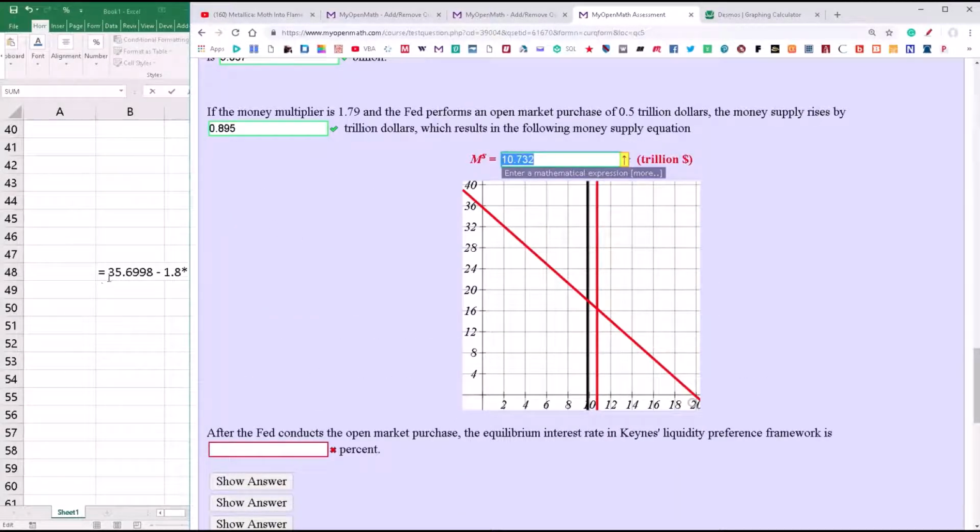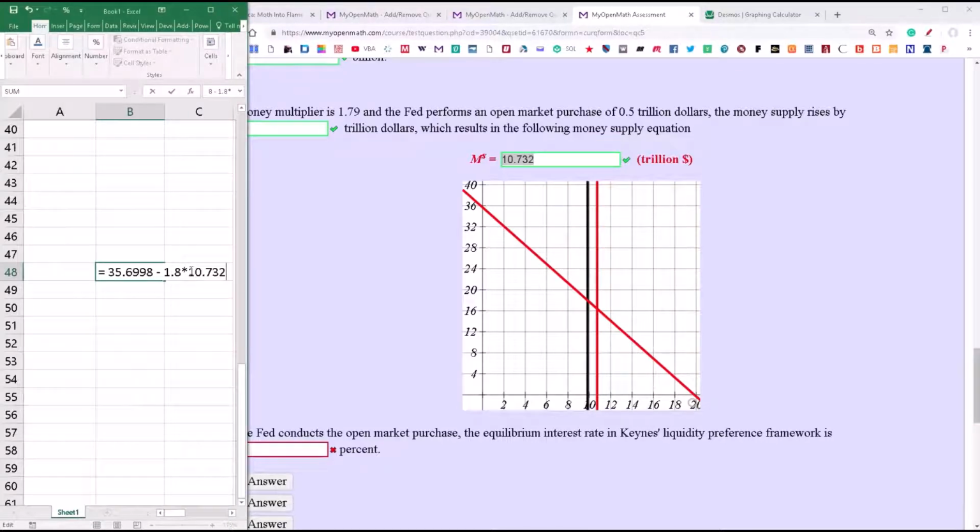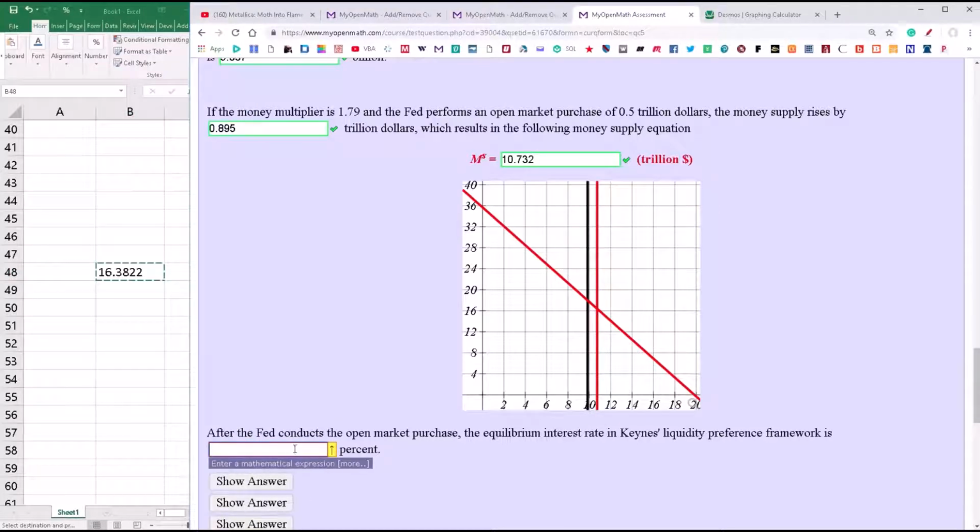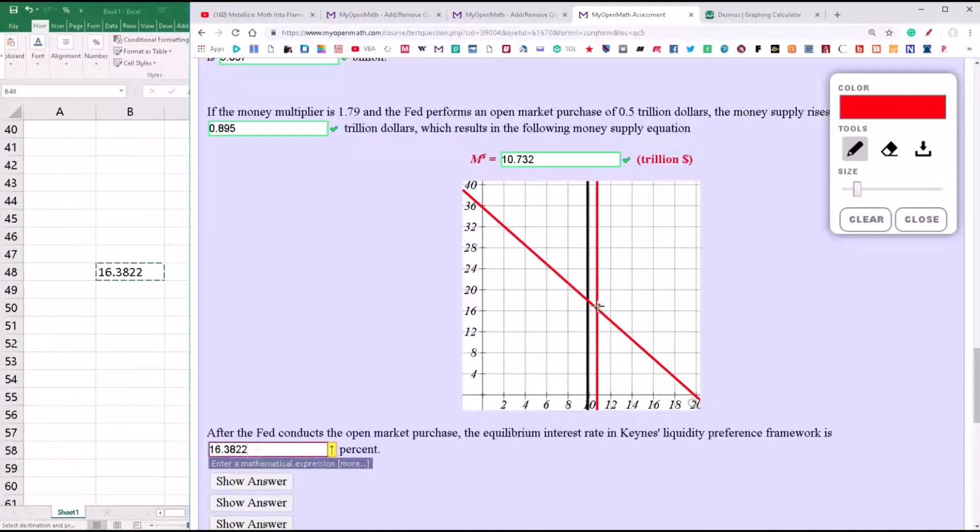We're going to plug that into our red demand equation, and we get an interest rate of 16.3822. Okay, so that's this interest rate right here.